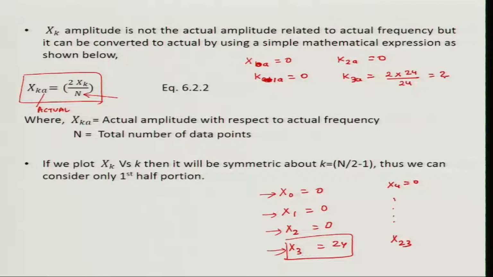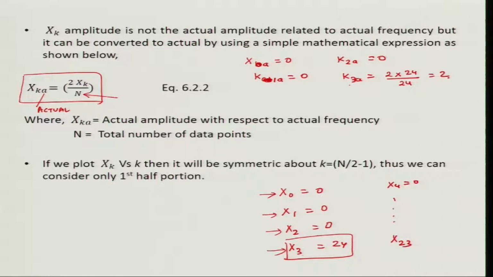But we still do not know that this x3a corresponds to how many hertz. All we know is that this is the fourth frequency in the system. First frequency actual amplitude is 0, second is 0, third is 0, fourth frequency amplitude is 2. That is all we know.